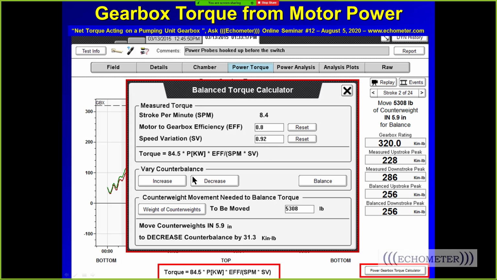You can vary the counterbalance, and you need to type in how much weight you're going to move to provide the counterbalance. The software says we need to move the weights inward toward the gearbox shaft center by 5.9 inches to decrease the imbalance.